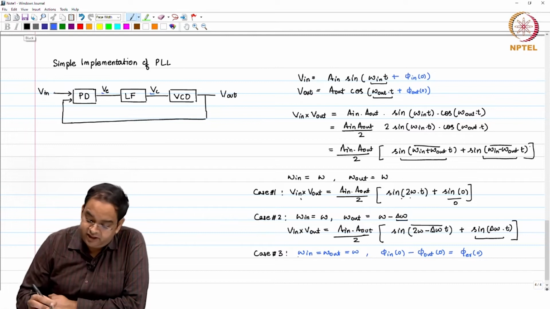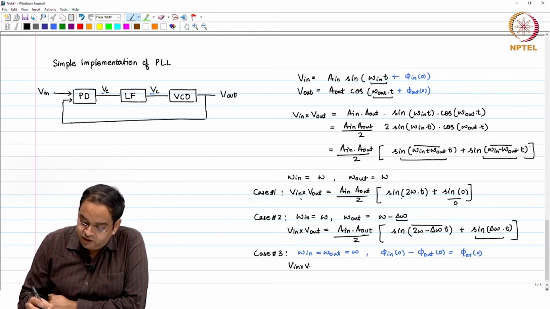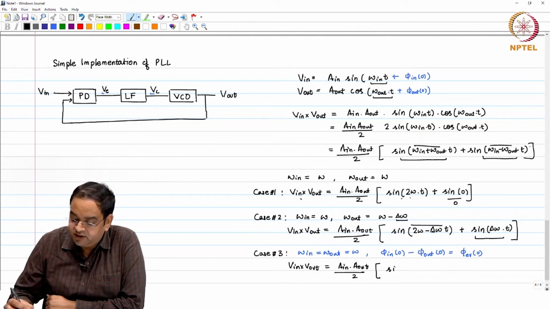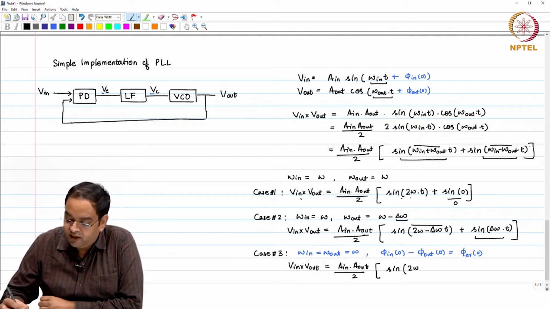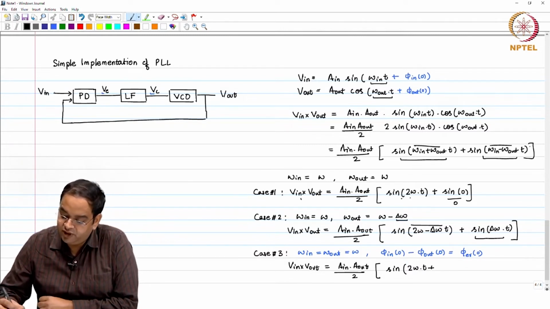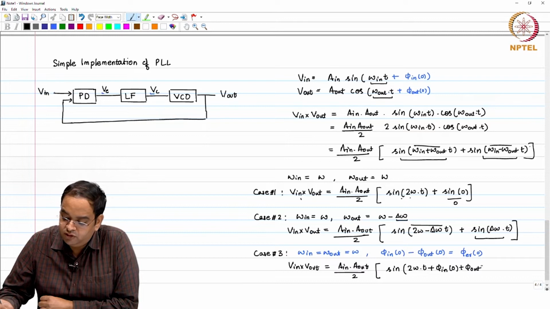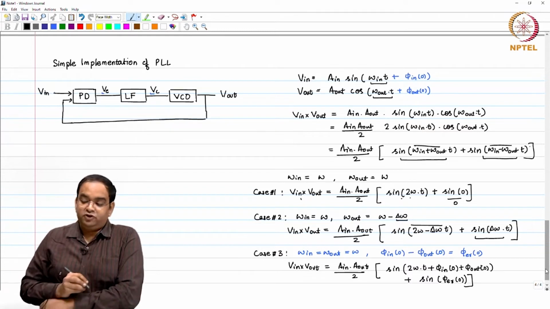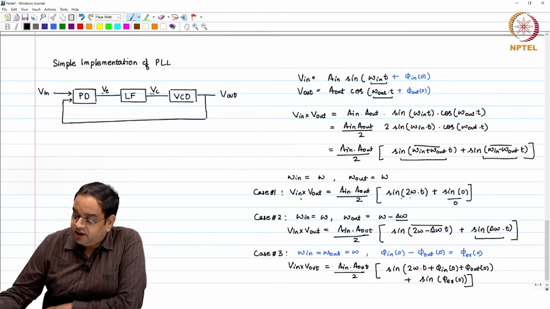In this particular case, V in cross V out is equal to A in A out by 2 times sine of 2 omega t plus phi in 0 plus phi out of 0, plus sine of phi error 0. So, you see three cases here.